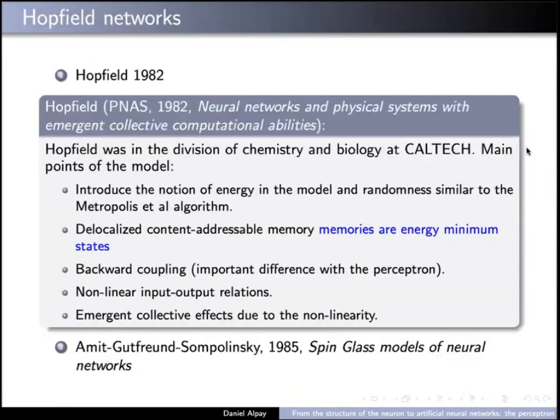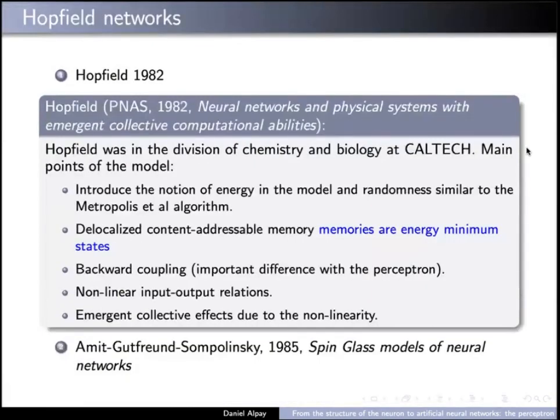I will not discuss them, but it will be another talk. He uses the Metropolis algorithm I mentioned at the beginning. He has a notion of energy and memories. Content addressable memories, not random, are really like minimum energy things. So this is something completely different.